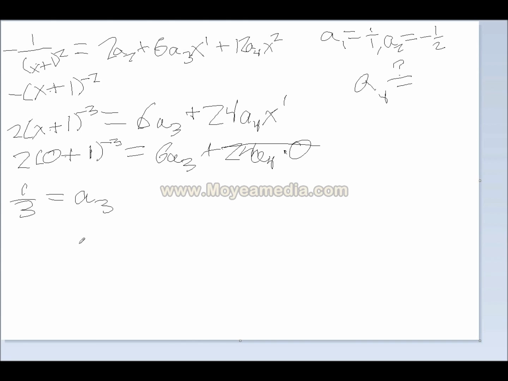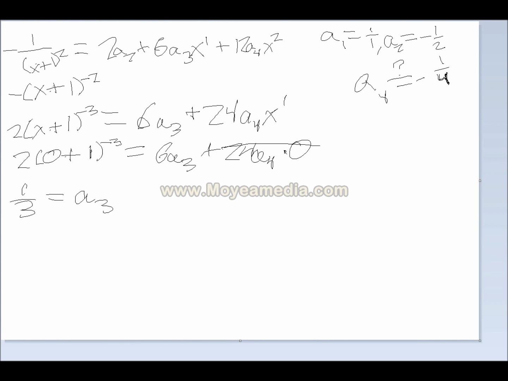So, if a sub 1 is 1 over 1, a sub 2 is negative 1 over 2, and a sub 3 is 1 over 3, shouldn't a sub 4 be negative 1 over 4? If we're seeing the right pattern.